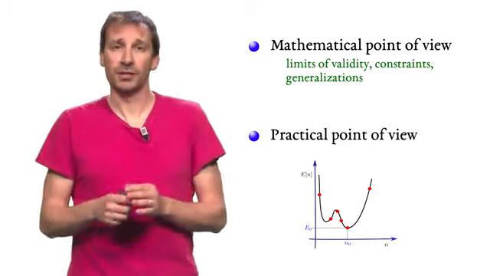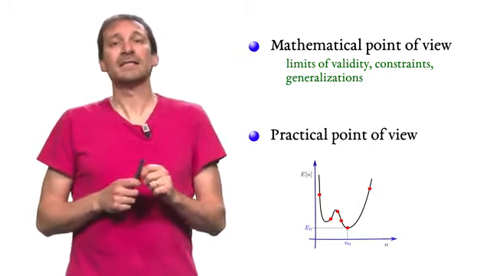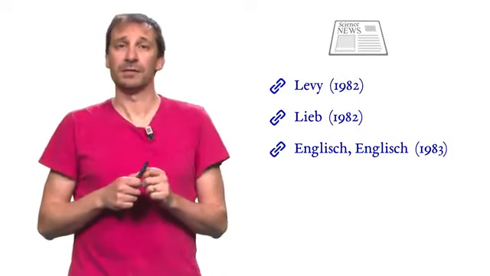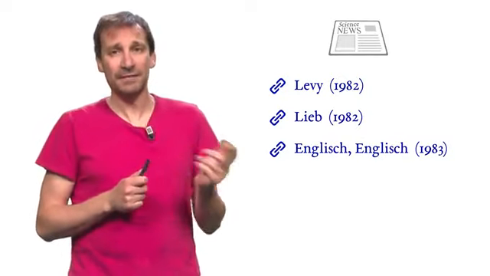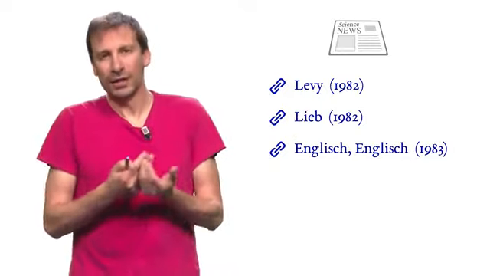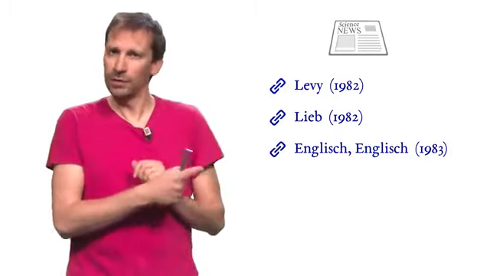So the research about V-representability was a very important one, and starting from the 80s, produced very fundamental and useful results, mainly with the works of Levy, Lieb, and Englisch. Even if we do not go here into the details of such works, we suggest you have a look if interested.